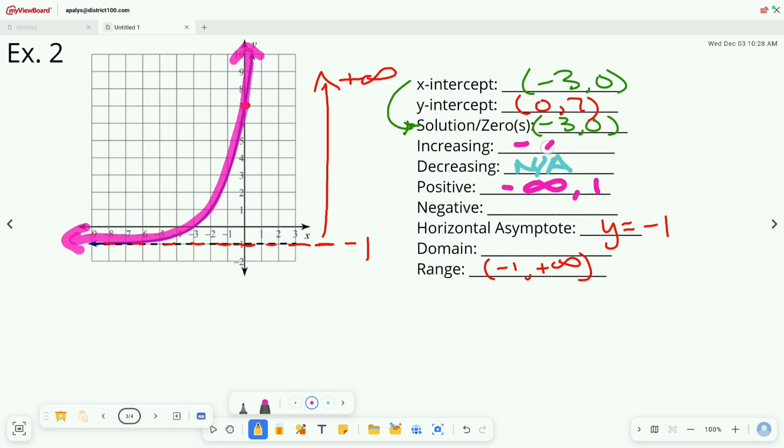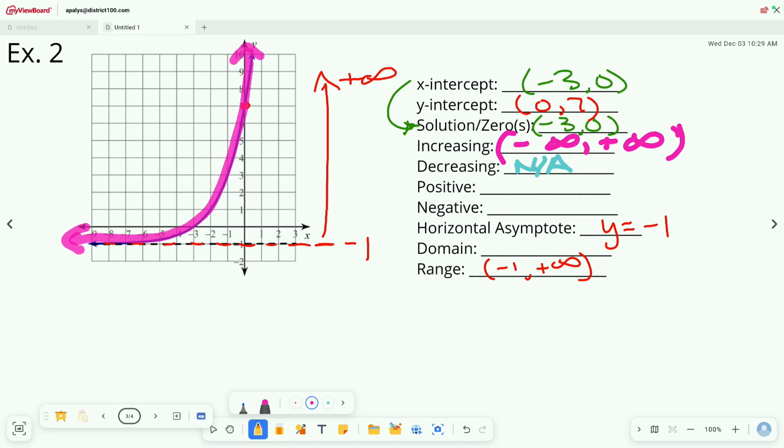Whoopsie. For positive. No, for increasing, decreasing. I just wrote it in the wrong spot.